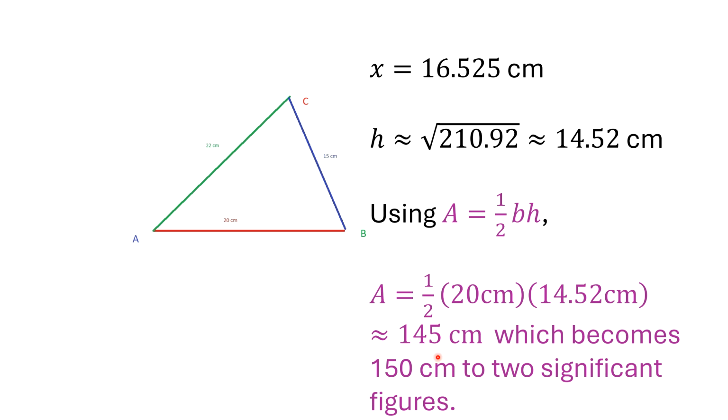This 145, I remember I had done a little rounding in the process, and so it might have been one unit off of the 146 we found with Heron's formula. That's fine. That's round off error. And since we're going to make it 2 significant figures, this comes out to be exactly the same thing.